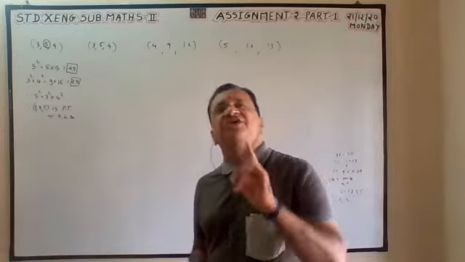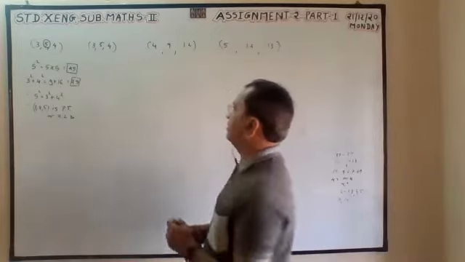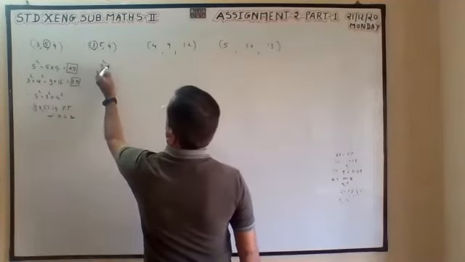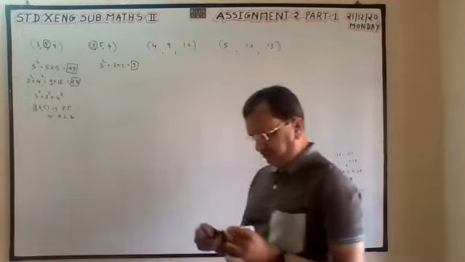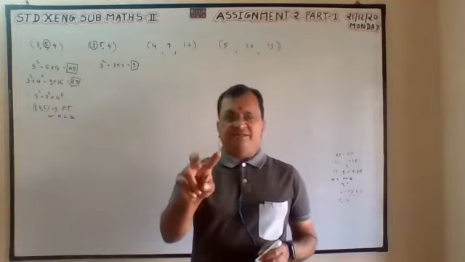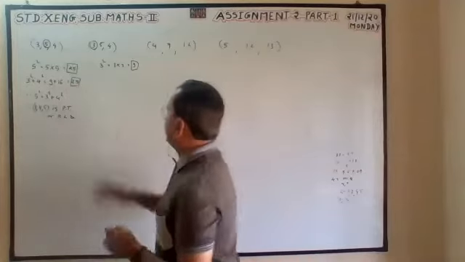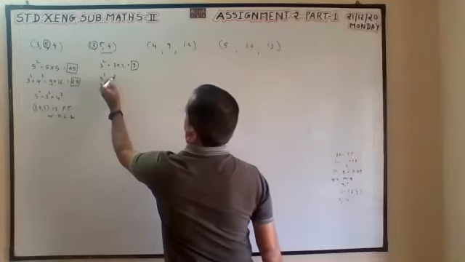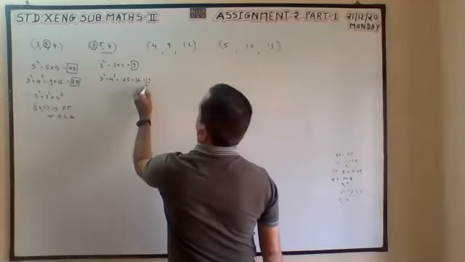Instead of separating the highest, I will separate the lowest. This is the reverse. So 3 square is equal to 3 into 3 is equal to 9. If I select the highest, then I will add. But I have selected the lowest, so I will subtract from the rest of the 2: 5 square minus 4 square. 5 square is 25, 4 square is 16, is equal to 9.